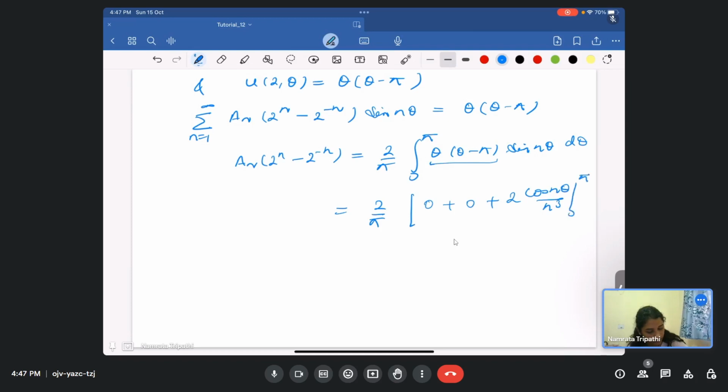And after substituting the limits, you will get 4(cos nπ minus 1) upon n cubed π. So this is An, dividing by (2^n minus 2^(-n)).